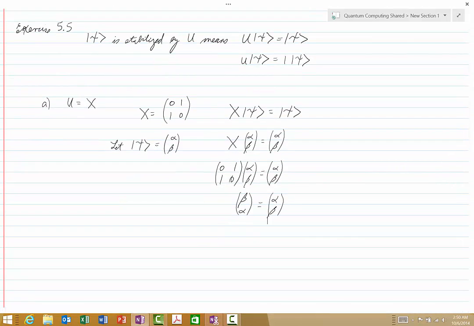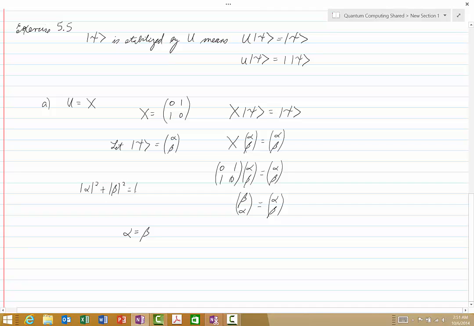And so if we compare the components of these vectors, from either the first component or the second component, we come to the same conclusion, that alpha must equal beta. Now remember also that since psi is a state, we have that the magnitude squared of alpha plus the magnitude squared of beta is equal to 1.